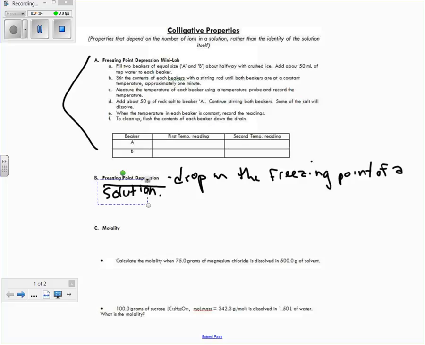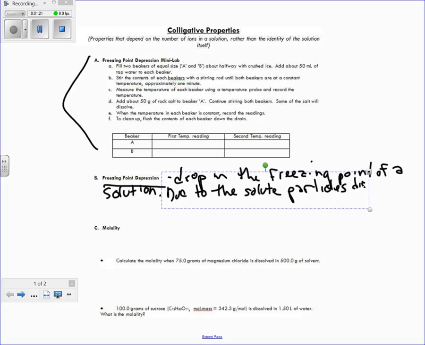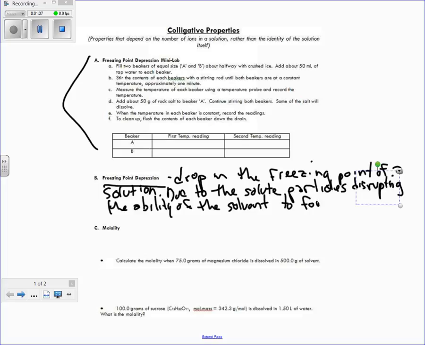Scientists don't know entirely why this is, but the overarching theory that we currently have is that this is due to, and here's a vocabulary blast from your past, the solute particles disrupting the ability of the solvent, and we'll talk about all these words again in a second, to form a solid.